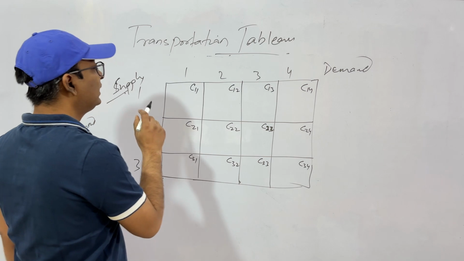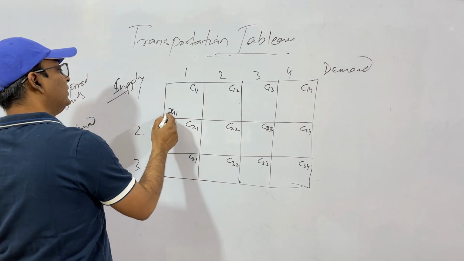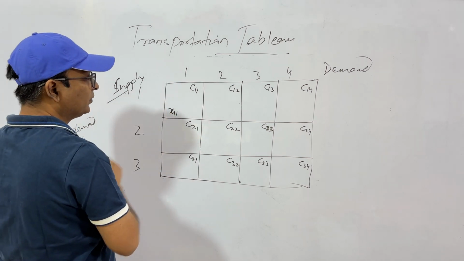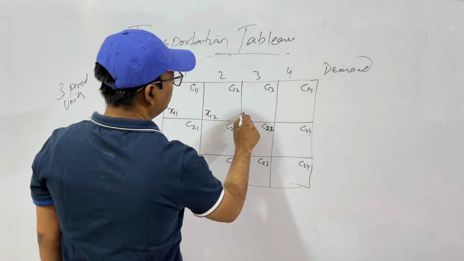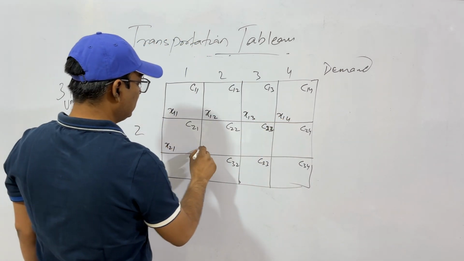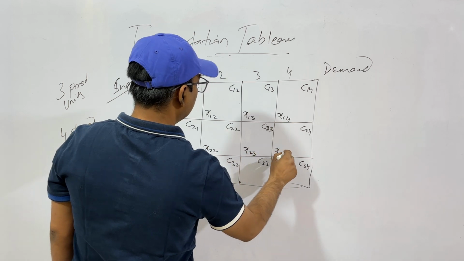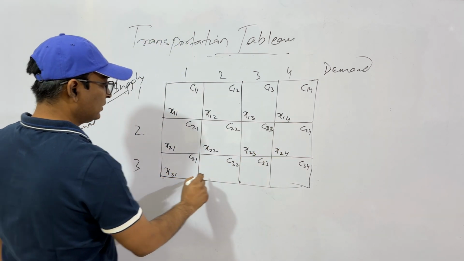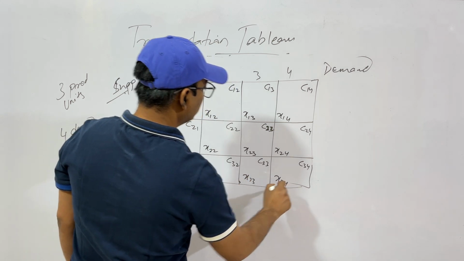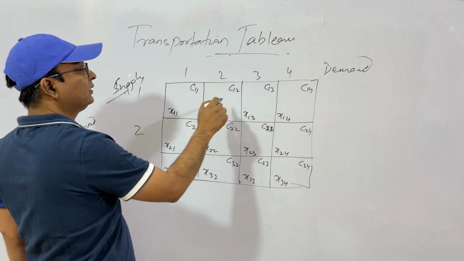Then we write the volume of transportation here, X11. Let's say we transport 500 items from the first supply unit to the second unit. This way X12, X13, X14, X21, X22, X23, X24, X31, X32, X33, X34. So in these cells we write like this.